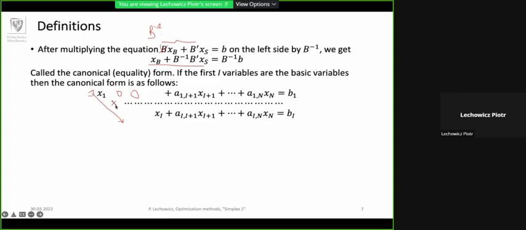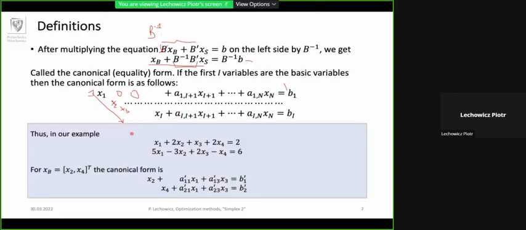So here we have x2, x3 up to xi. And then we have this remaining part. These are the coefficients in this multiplication. And the right-hand side of the equation, this b is different than this one because it's multiplied by the inversion of the basic matrix. So we call such a system of equations a canonical form.